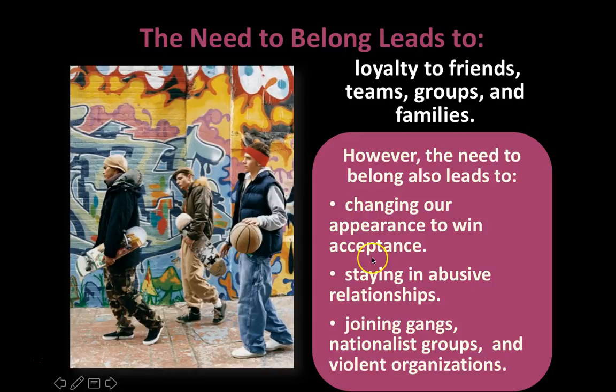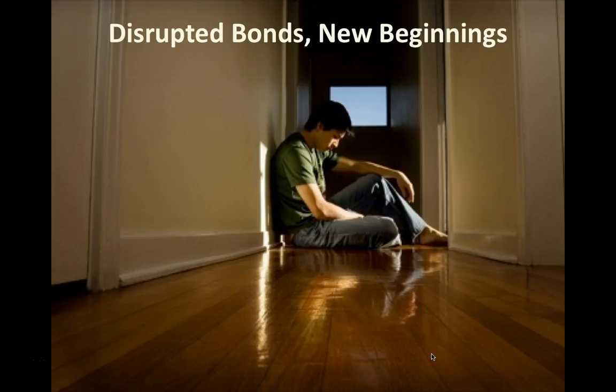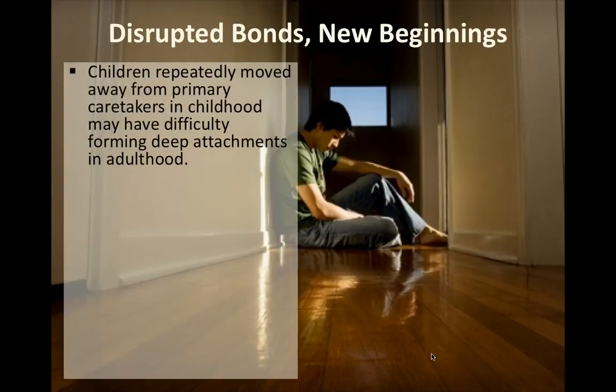Sure, we do. We stay in abusive relationships because of a need to belong, potentially. Need to belong might be related to joining gangs and whatnot. So these are some downsides, along with the upsides.